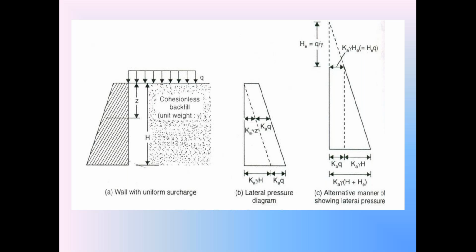In all the previous Rankine's active earth pressure discussions, we consider the backfill as a horizontal plane surface behind the retaining wall, but sometimes behind the retaining wall, the backfill top surface is an inclined plane surface.